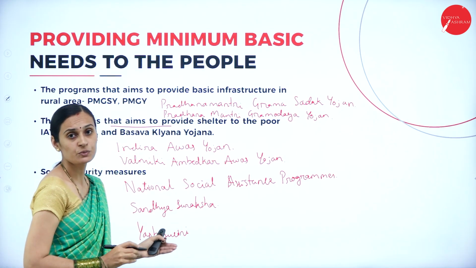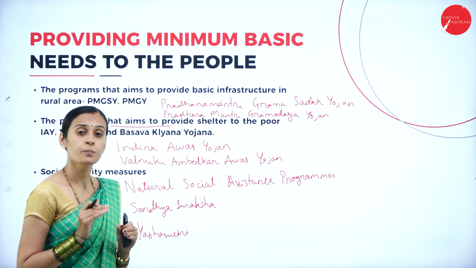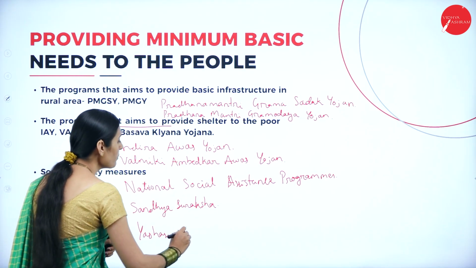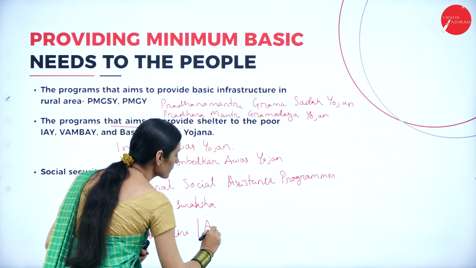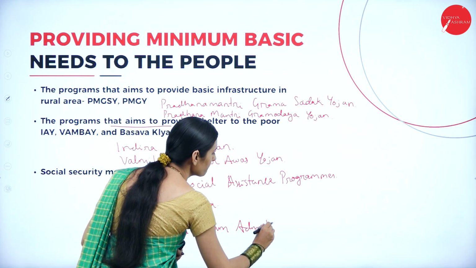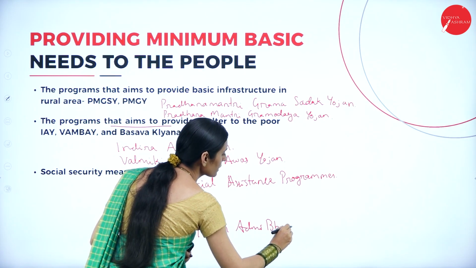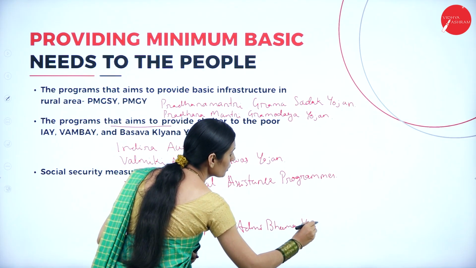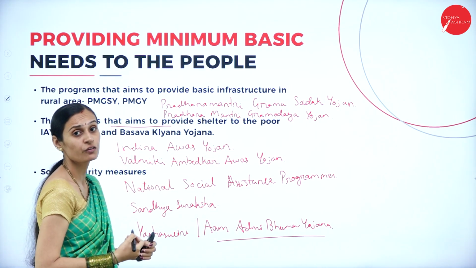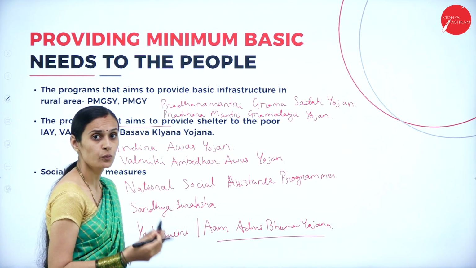Okay, so Yashaswini, this scheme is related to providing health insurance. Okay, and another one, Aam Aadmi Bhima Yojana. Okay, this is also providing health insurance for the head of the family belonging to the poor sections.